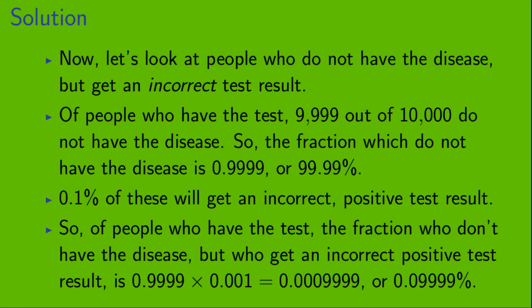Now, 0.1% of these will get an incorrect positive test result. So, of people who have the test, the fraction who don't have the disease, but who get an incorrect positive test result, is 0.9999 times 0.001, which equals 0.0009999, or 0.09999%.